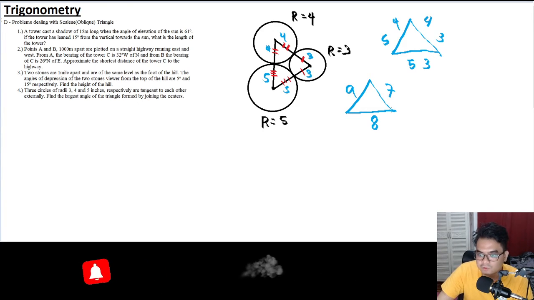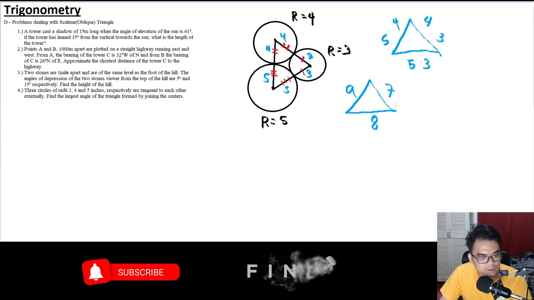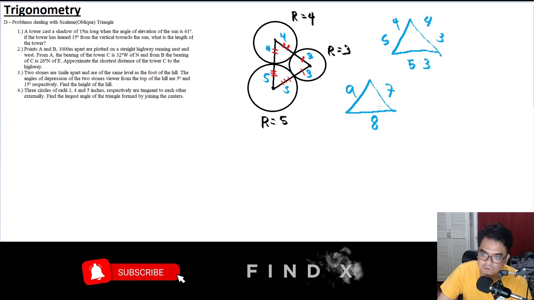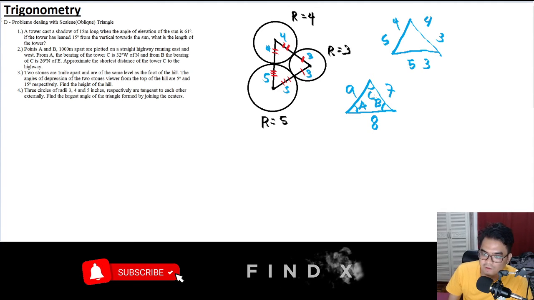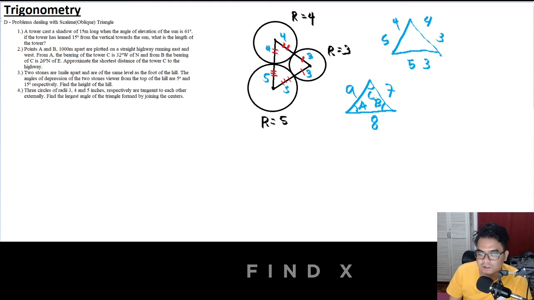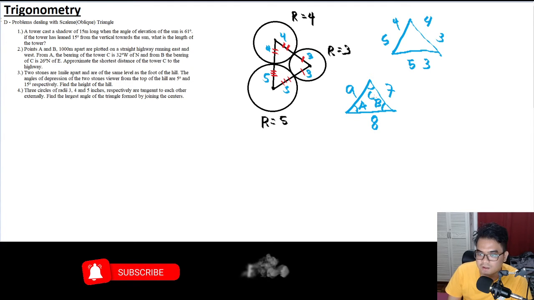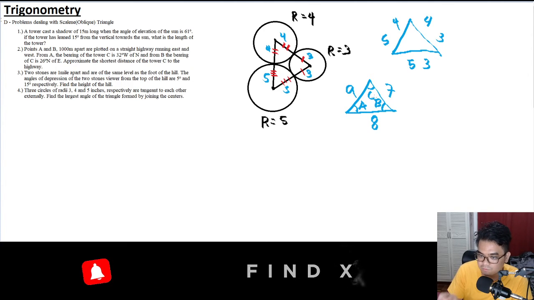Okay, so we are looking for the largest angle. Let's say this is angle B, this is angle A, and this is angle C. The largest angle formed by that, of course, is among angles A, B, and C. You can solve ABC and then just answer the largest one.